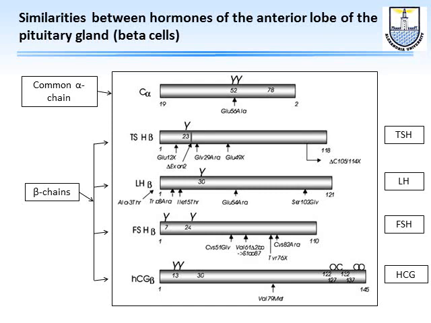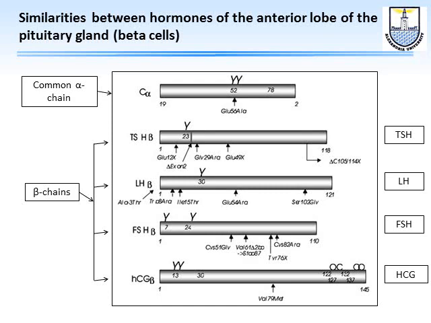They have a common alpha chain and they have a different beta chain. But it's worth noticing here that the beta chain of LH is very similar to the beta chain of HCG. This is why we can use the beta HCG instead of LH for the final step of ovulation induction.